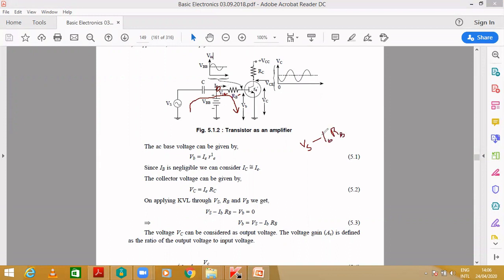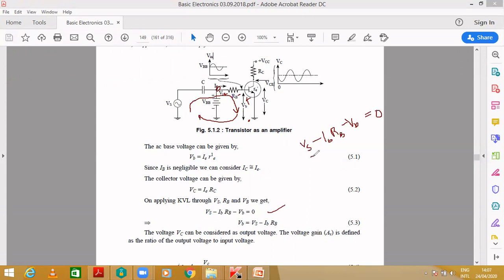Next, it is going from positive to negative, and you can write it as minus Vb, and it came back to the original point. So this equals 0. That's what I wrote over here for the equation of VB.